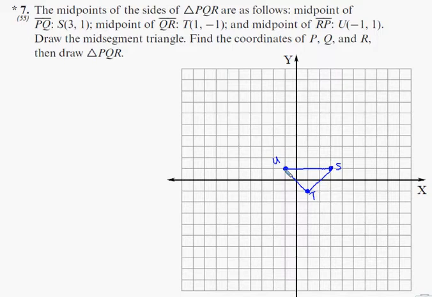So what I want to show you is this whole idea about mid-segment triangles, first of all. I'm going to draw this one kind of just on a bit of an angle here. And what I want you to recognize is that this is the mid-segment triangle. A couple things you should know. First of all, this segment is congruent to these segments, right? So this is twice as long as these two.